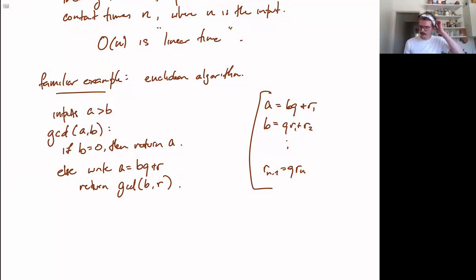So remember, from our discussions of the Euclidean algorithm, we know that the GCD of a and b is equal to the GCD of b and r. And also, just as a quick note, since we're requiring our inputs to be bigger one first, smaller one second, we know that r is smaller than b. So we are good to go calling the GCD algorithm on b comma r.